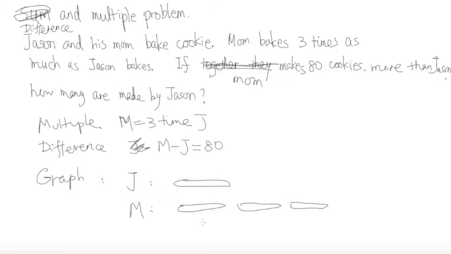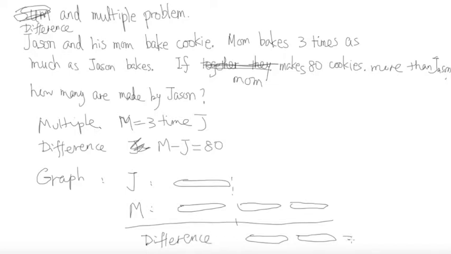Now what do we know? Well, we know the difference. If you look at the difference, these parts cancel each other, and these are the actual parts. Before, we added up the bars; now we take the difference of the bars, which means the 2 bars add up to be 80. So what does each bar represent?